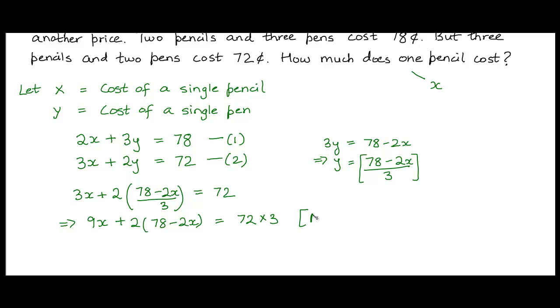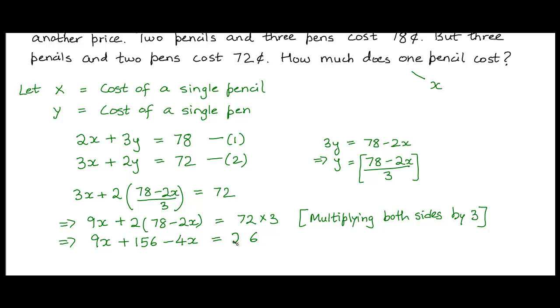So we are multiplying both sides of this equation by 3. Opening up the brackets, we get 9x plus twice of 78, which is 156, minus 4x is equal to 72 times 3, which is 216.